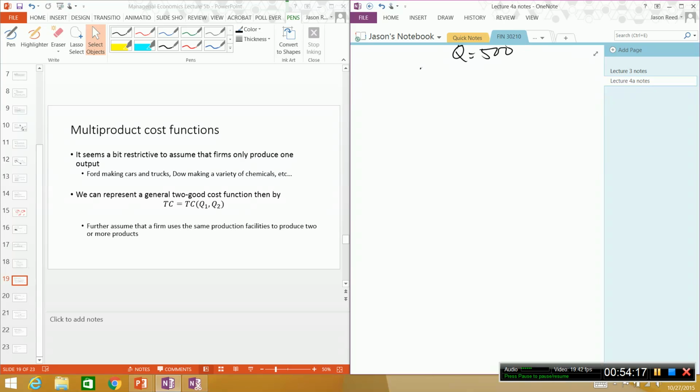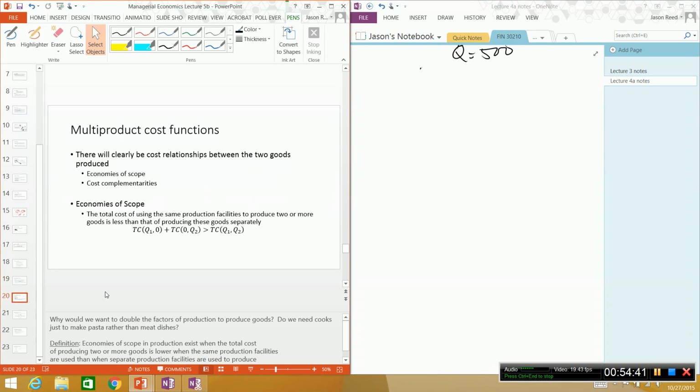And so we restrict our production and our cost functions to be limited to just one input to make things very easy. Well, we realize that creating a second output doesn't complicate things that much. So what we want to assume, though, is that firms use the same production facilities to produce two or more products, and they use the same inputs to do that as well.